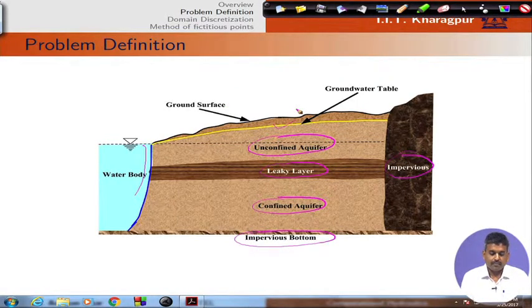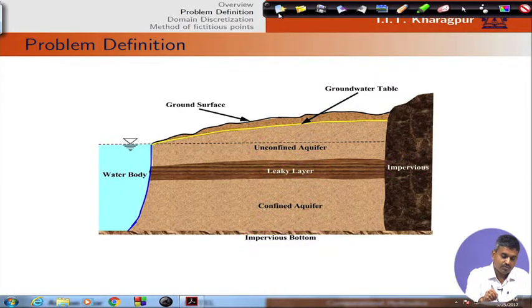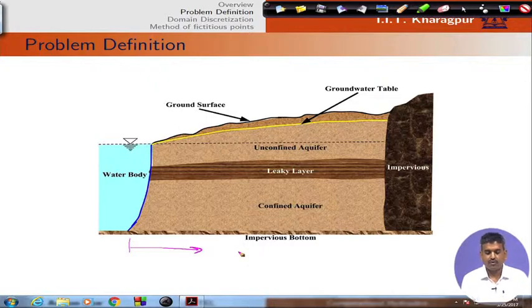So, the problem is we need to find out what is the variation of groundwater table in this direction. That means we are concerned about only one direction. On the left hand side, we have this water body, which is a specified condition or Dirichlet kind of condition, specified head.